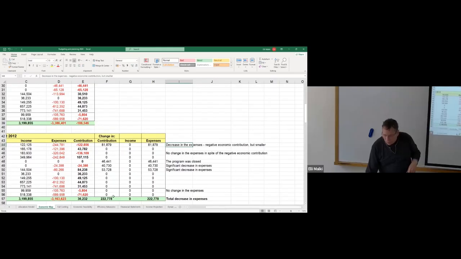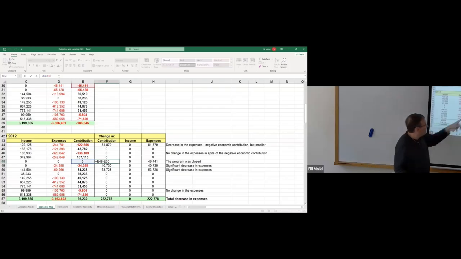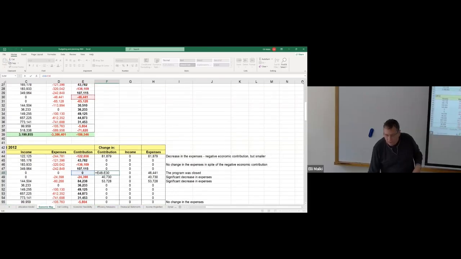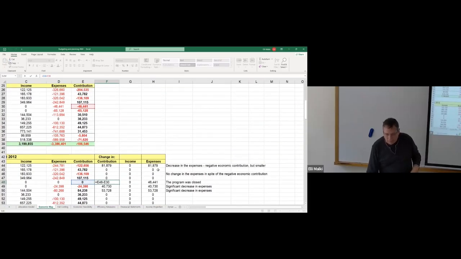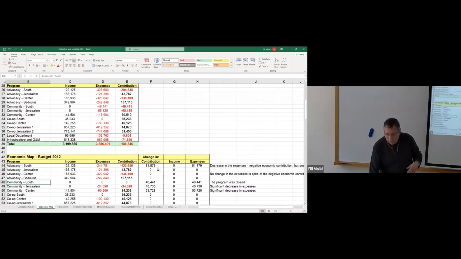Now, if we go to the next change, we can see that here we have a negative economic contribution. Here we have zero economic contribution. Here we had a negative economic contribution. And basically there is a net change of 46,000, which is what we see here in this program, Community South.